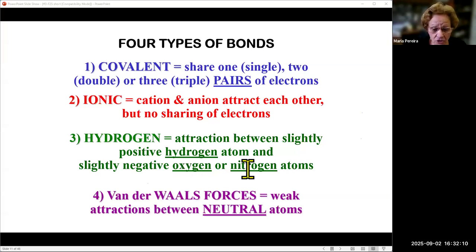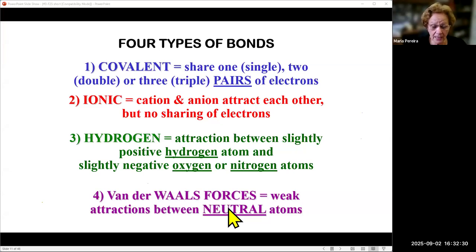It can be oxygen or nitrogen. So hydrogen bonds are a type of ionic bonds, but in this case, hydrogen is always the cation, the positive partner. And then we have van der Waals forces.